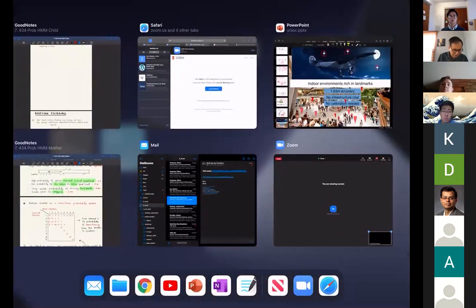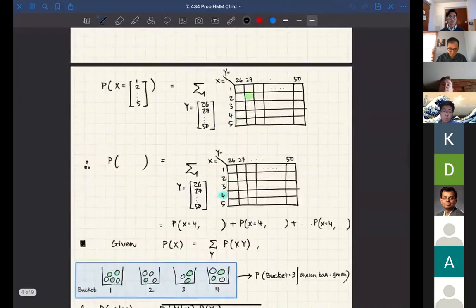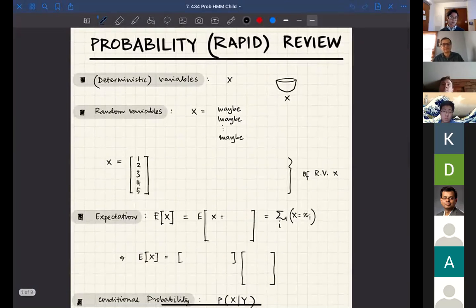And our next topic for today is probability review. Okay, actually our next topic is hidden Markov models for motion tracking.